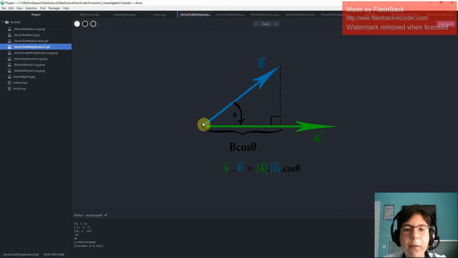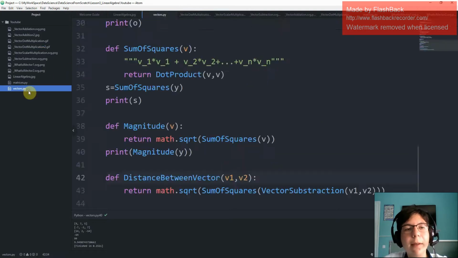So the distance between vector B and vector A is basically the distance between the ending point of one of the vectors and the ending point of the other vector. So the tips of the arrows, and you can compute the distance between two points in a space using this formula.